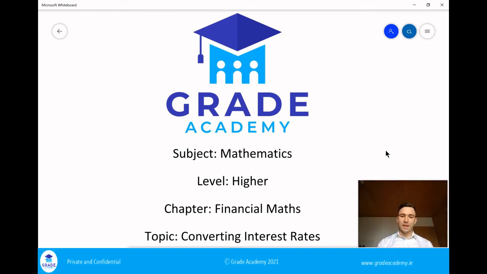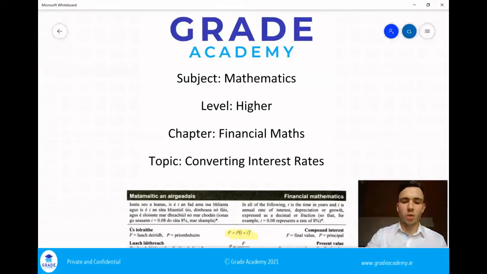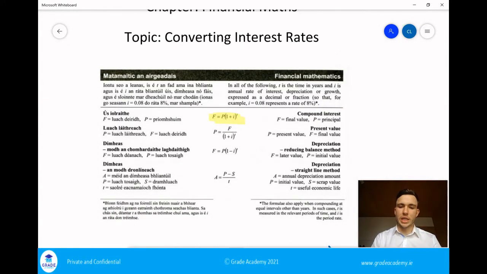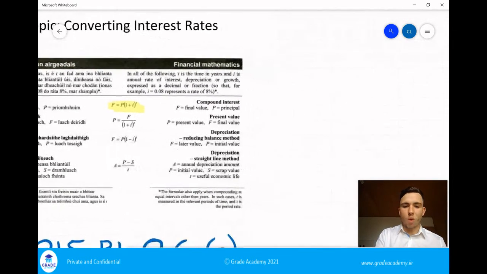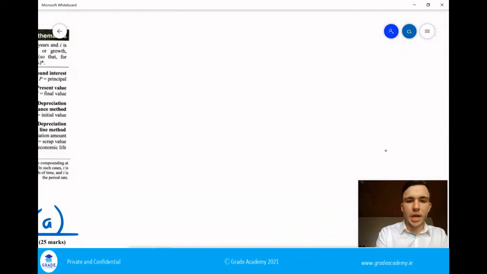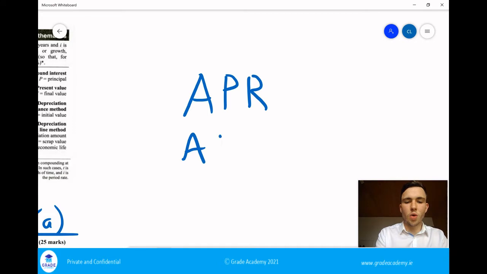So today we're going to be having a look at how to convert interest rates. To do this, we are going to use the compound interest formula that we've already talked about. And what do I mean by converting interest rates? Well, we've already had a little chat about APR and AER.